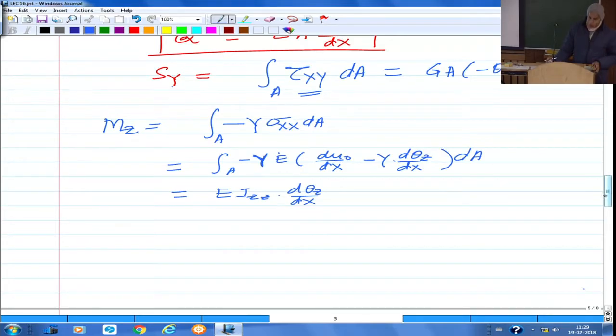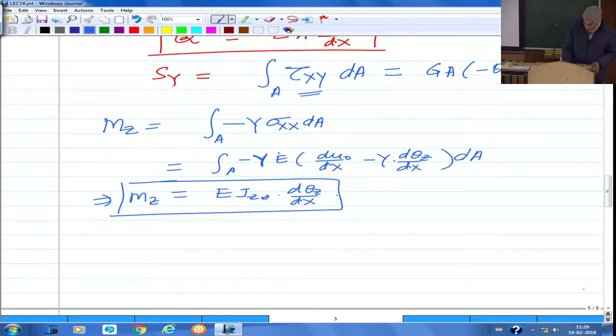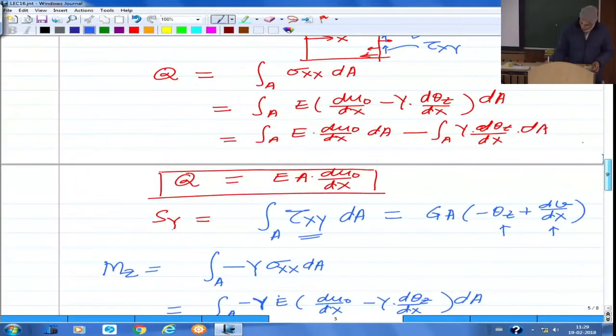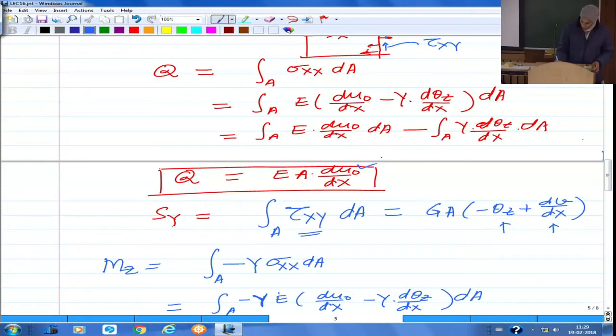So this is about axial force, shear force, and bending moment, what we often talk about in these discussions, and this is the relationship of these with the corresponding kinematic variables, that is the rotation of the normal about the z axis, the rate of change of v with respect to x, and of course the rate of change of u naught, that is actually the elongation or compression of the centroidal axis or neutral axis.